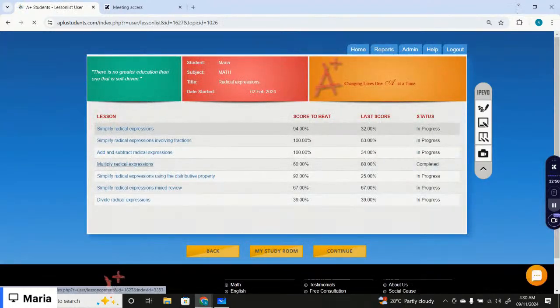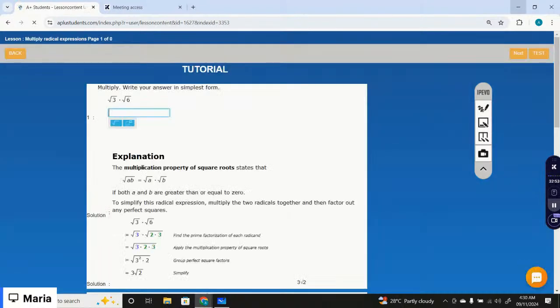The next lesson is multiply radical expressions. Multiply square root 3 times square root 6. The multiplication property of square root states that square root AB equals square root A times square root B. Right? So that means you can multiply them.